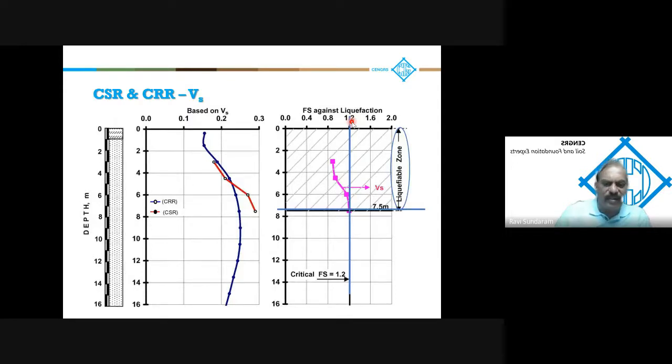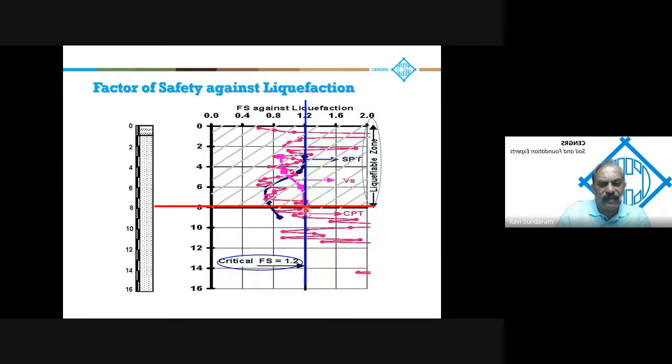From the shear wave velocities, we got a slightly lower depth of liquefaction, around 7.5 meter. So combining all, the decision which was taken was that we take the liquefiable zone up to about 8 meter depth below the ground surface.